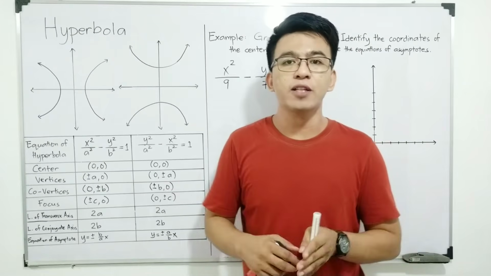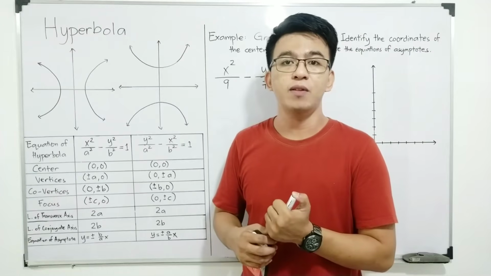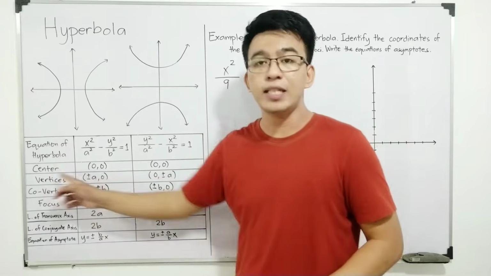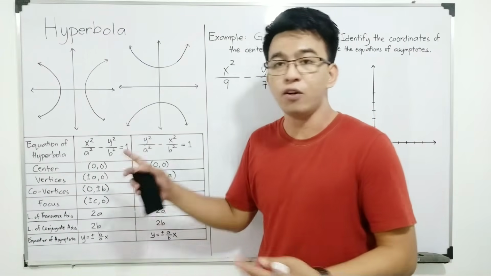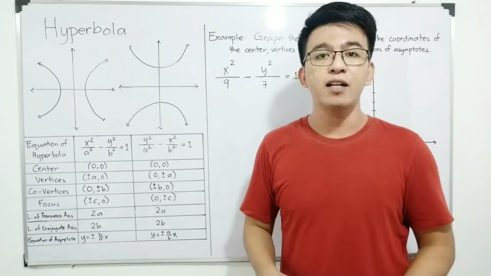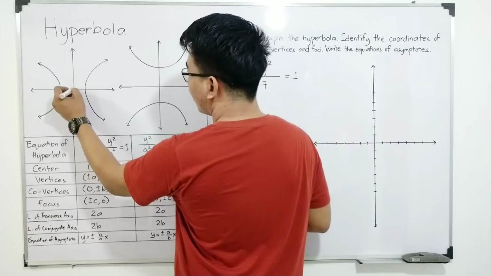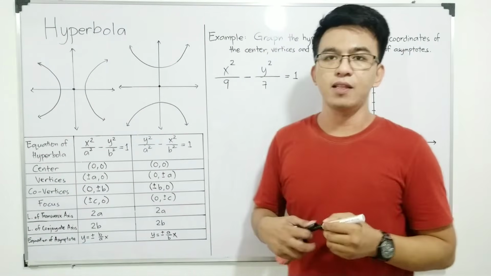At yung b squared is always at the denominator of the negative term. Okay? Tandaan niyo yan. Next, let's go with the center. As I have mentioned earlier, sabi ko, the center is at the origin or the coordinates are 0, 0. Ito siya. This is the center. Okay? We have here 0, 0.